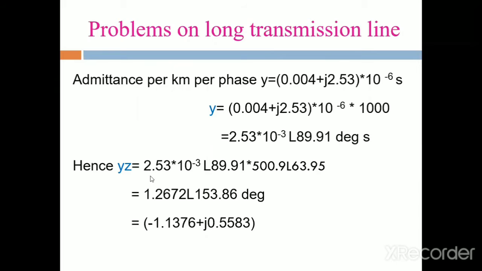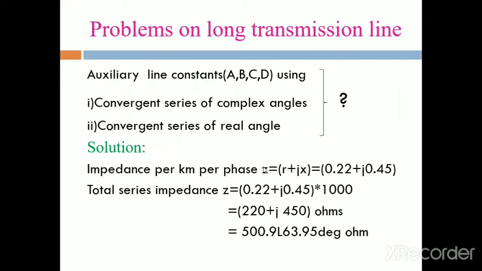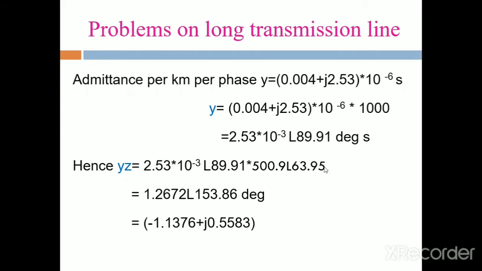Okay, YZ is equal to Y, whose value is 2.53 into 10 power minus 3 at an angle of 89.91 degrees, into Z, whose value is 200.9 at an angle of 63.95.